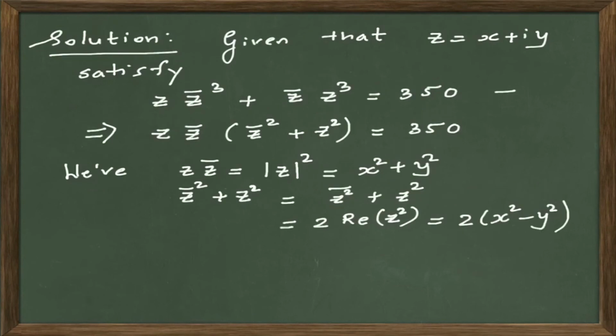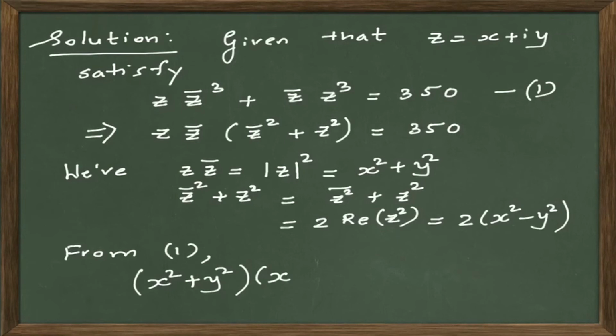So, from equation 1, we get that (x squared plus y squared) times (x squared minus y squared) is equal to 175.